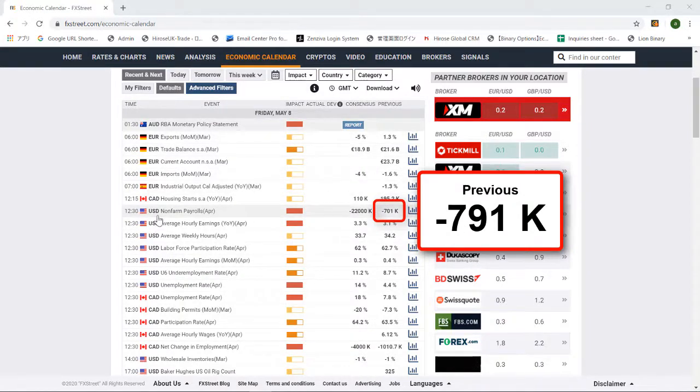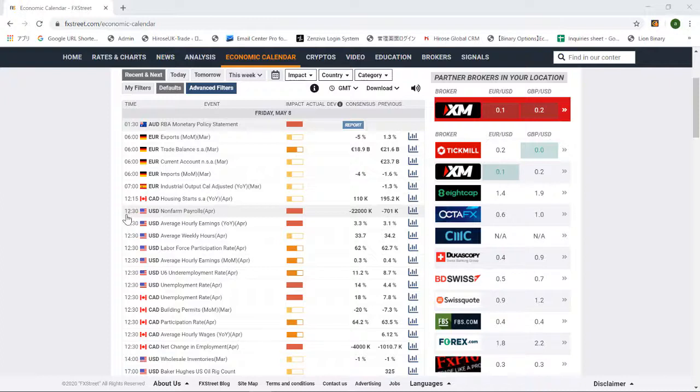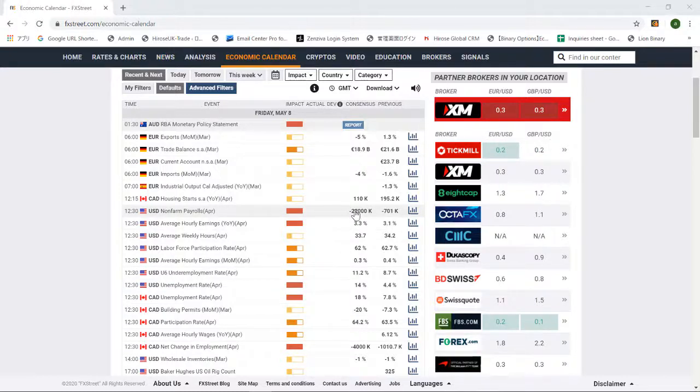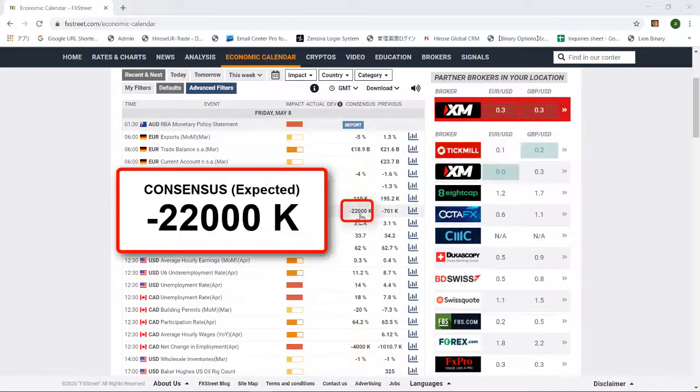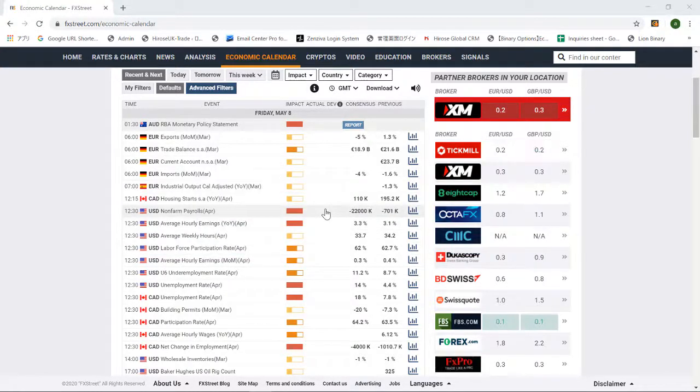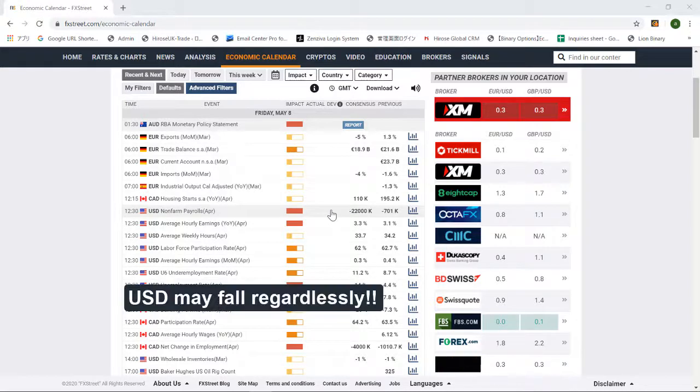And when the report is released at 12:30, the actual result will be shown here. At the moment we see the decline is a lot more than the previous month. So we will see the actual result at 12:30 and compare it with the expected number. But more or less, I guess the US dollar is going to go down anyhow.